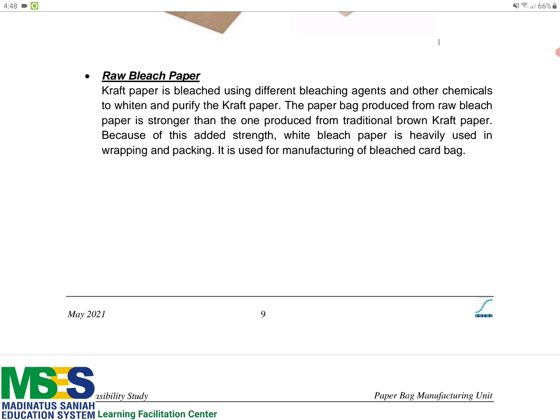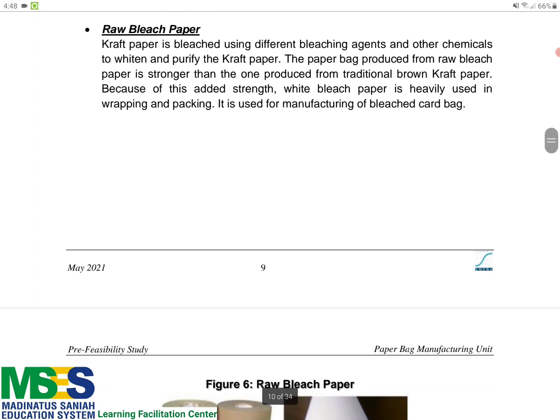It is handled through machinery. People themselves cannot handle them easily. Cranes are used to lift them onto the truck. Then machinery is used to unroll the roll. So if you are making smaller quantities of paper bags, then you will be using smaller rolls, of course.